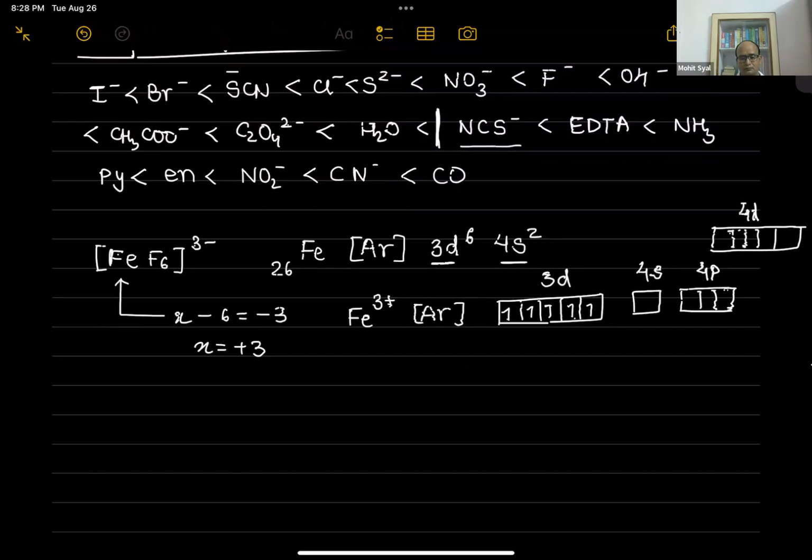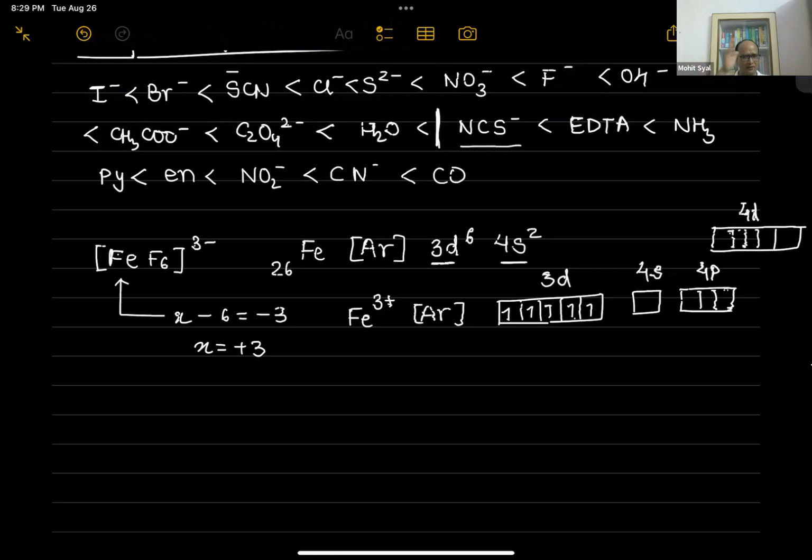Now F minus. What kind of ligand is F minus, and how many are they? Is it a strong or a weak ligand? Weak ligand. You can see this boundary. Nitrogen containing ligands, Aisha, Marwa, Jasleen, are strong.